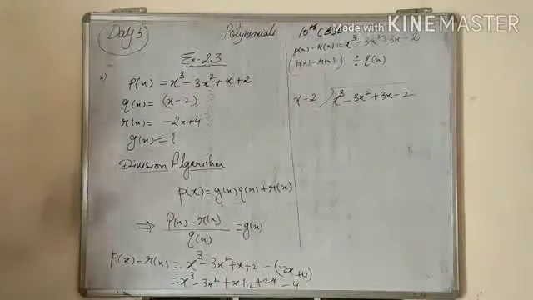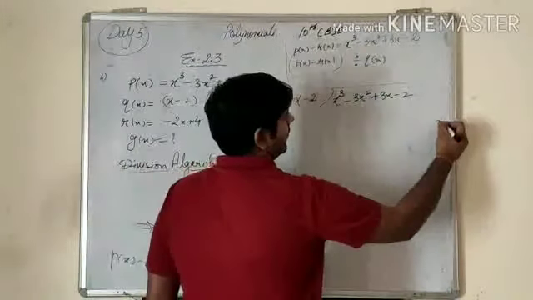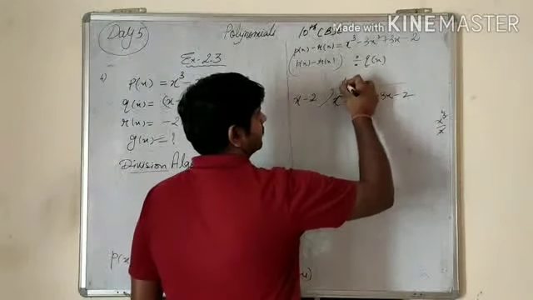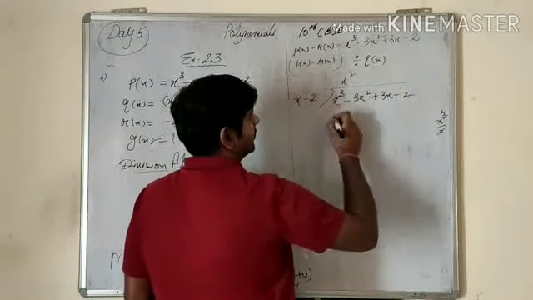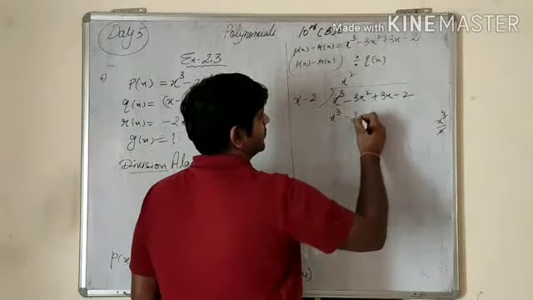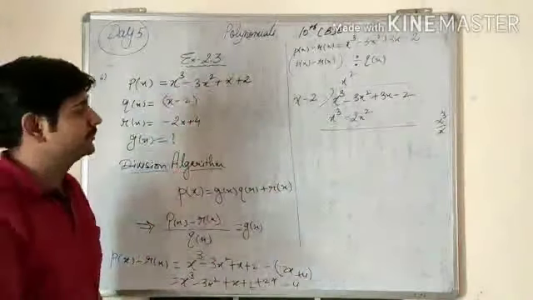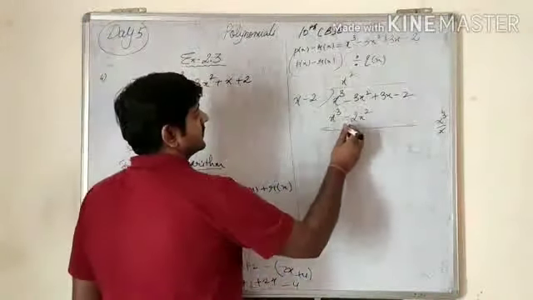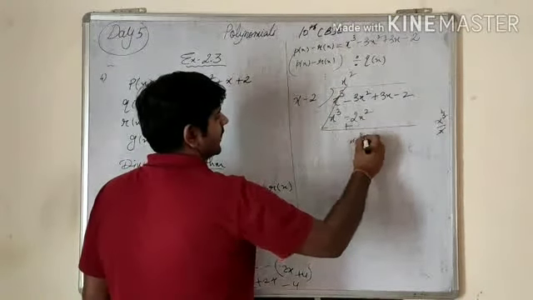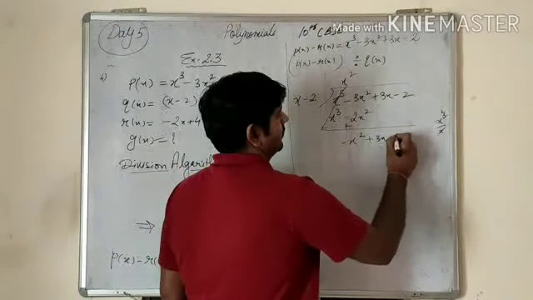Now x cube divided by x, we will get x square. This multiplied to this, we get x cube, and 2 multiplied, then minus 2x square. Sign change, we got minus plus, it is cancelled, plus minus subtraction, so negative x square will be there, plus 3x minus 2.